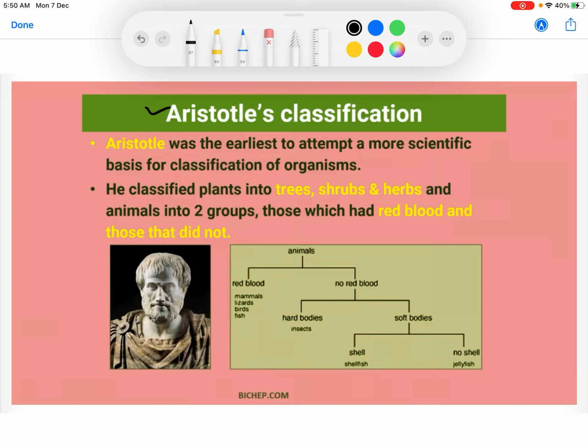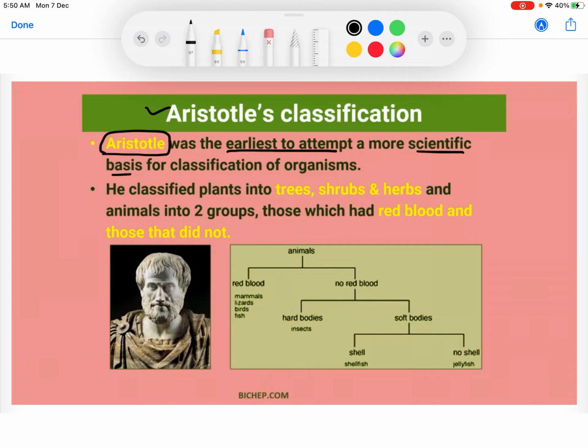So Aristotle was the first to attempt a scientific basis of classification of organisms.